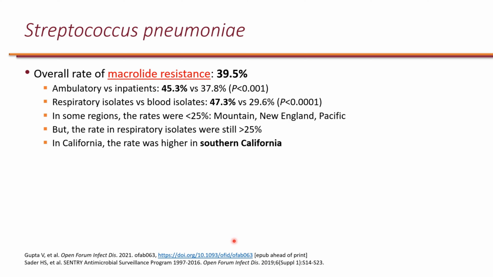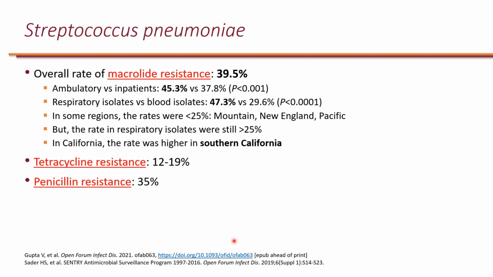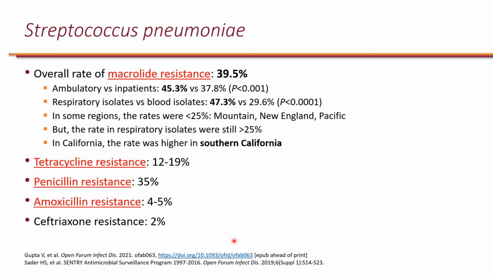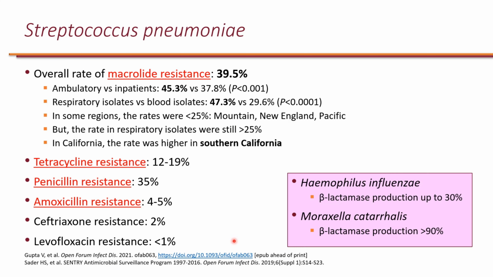In California, the rate is higher in Southern California compared to Northern California. Tetracycline resistance is also high, 12 to 19% of the isolates. Penicillin resistance is also high at 35%, and amoxicillin resistance is 4 to 5%. Ceftriaxone resistance is relatively low, and levofloxacin resistance is very low.